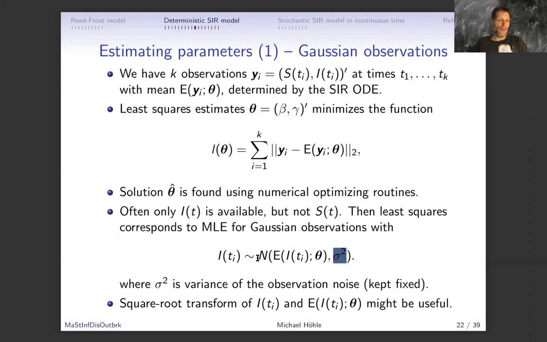We will say it's normally distributed random noise, but with the expectation or the mean of the observation centered around the output from our model. So this here will be the solution from our ODE model, and we will have some noise to allow fluctuations, that sometimes you observe more, sometimes you observe less.